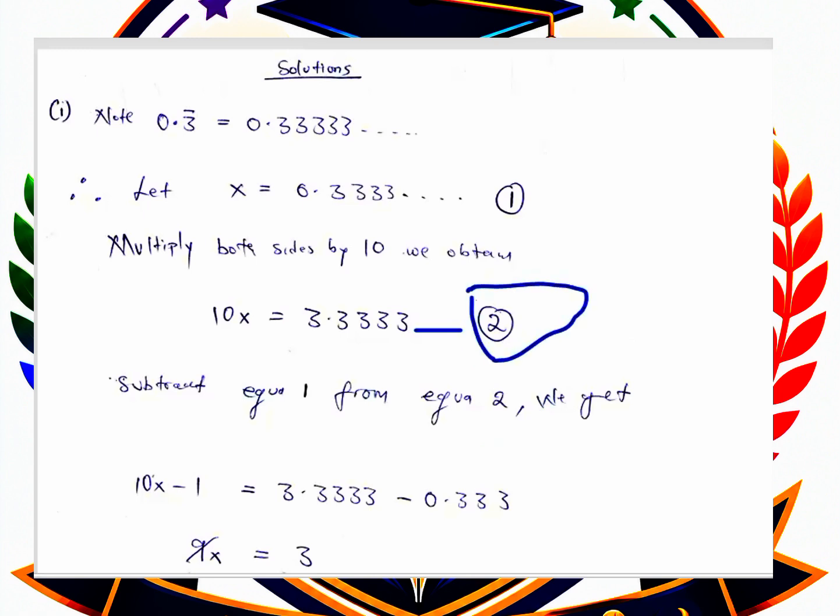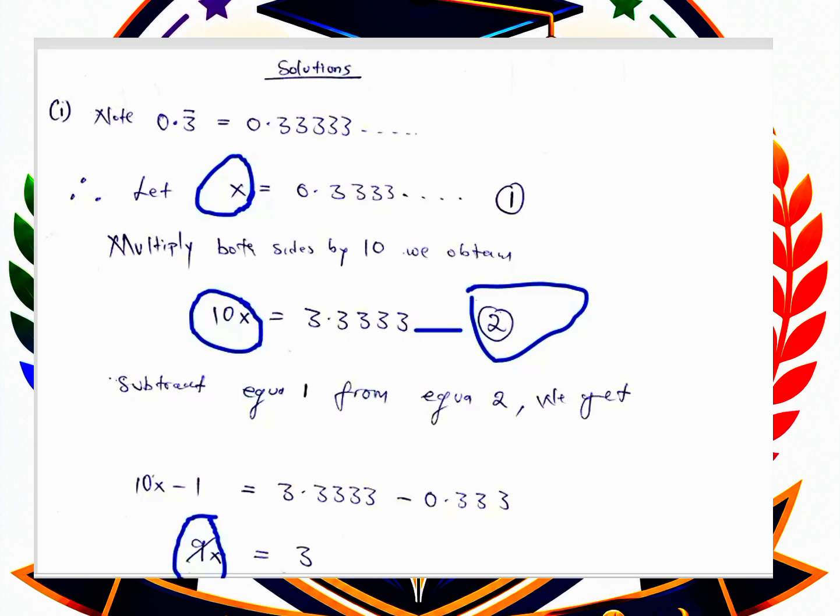After doing this, what is the next step? The next step is to subtract equation 1 from equation 2: whichever elements we have on the right hand side as well as on the left hand side, we subtract from the elements in equation 2. So we say 10x minus x, which gives us 9x.